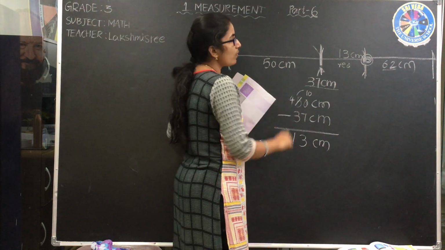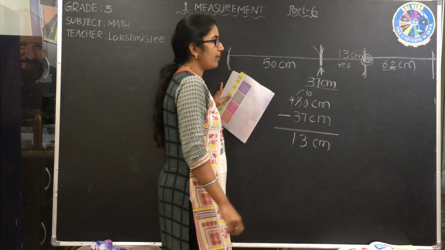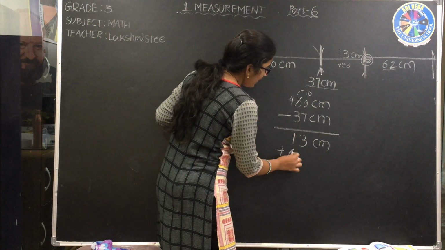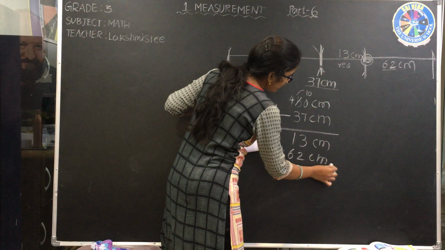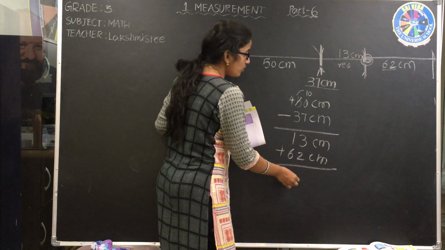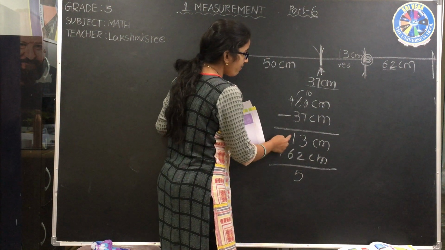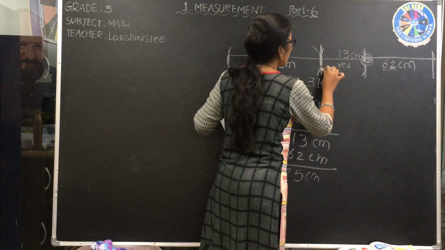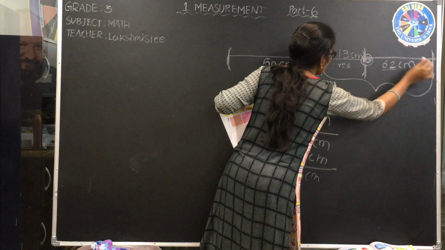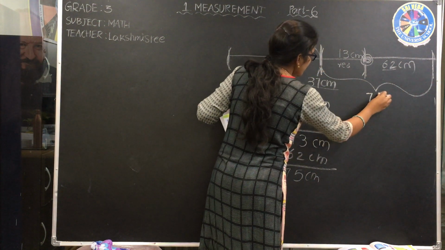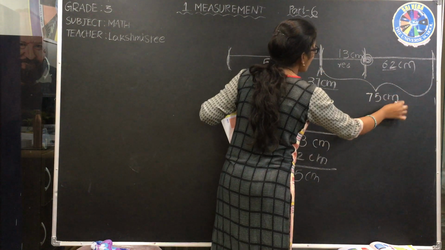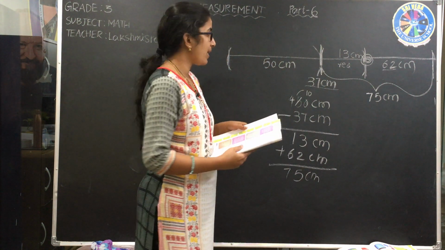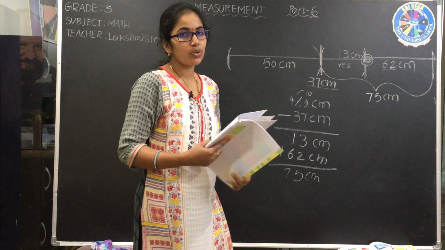If you add those two, you will get the total length of the ribbon. 3 plus 2, 5. 1 plus 6, 7. So now the length of the total ribbon is 75 centimeters. Okay, children? Yes. So this is the way we have to do it.